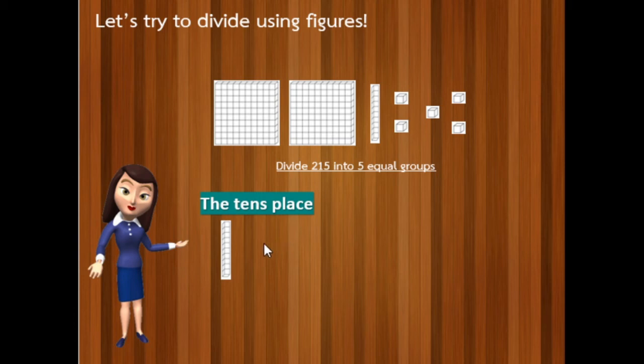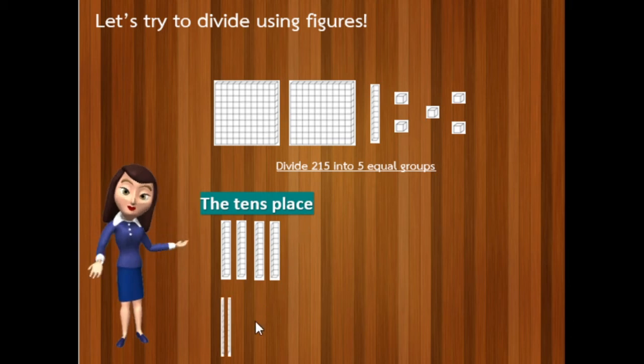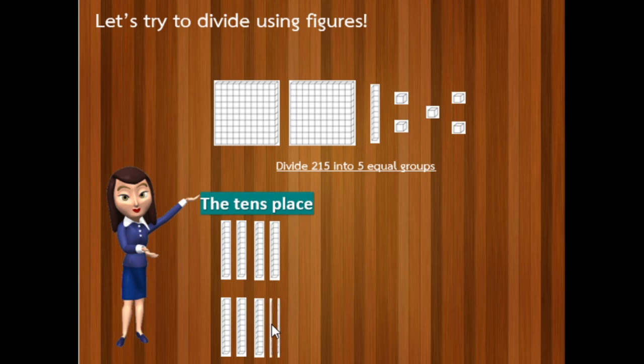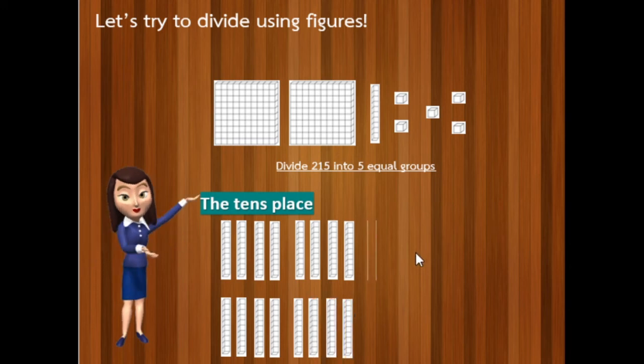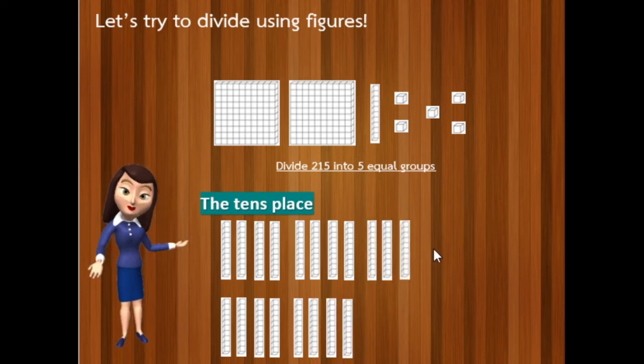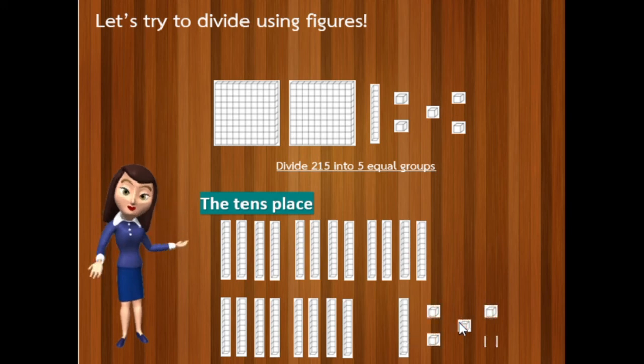So the first thing that we're going to do is to group these into 4. 4 groups of tens is only 2 hundreds, right? How about the remaining numbers? So we can just have still 1 ten.